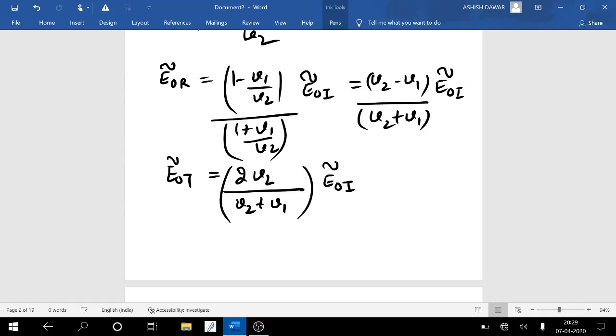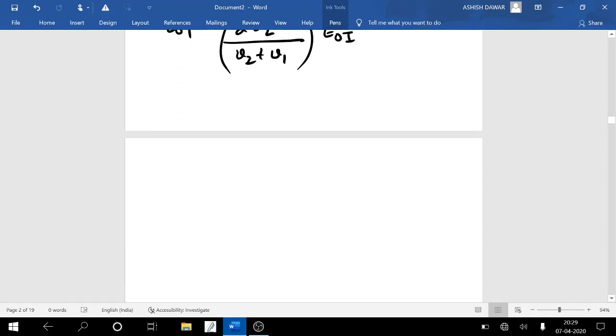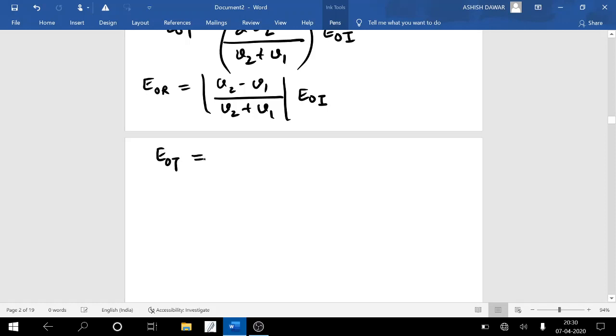The real amplitudes are related by E0R equals V2 minus V1 upon V2 plus V1 E0I, and E0T equals 2V2 upon V2 plus V1 into E0I.